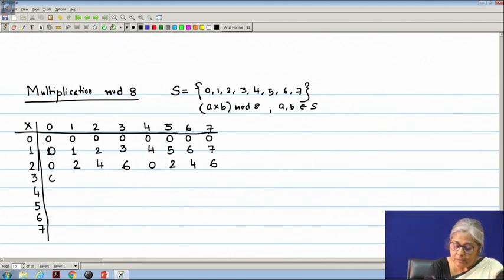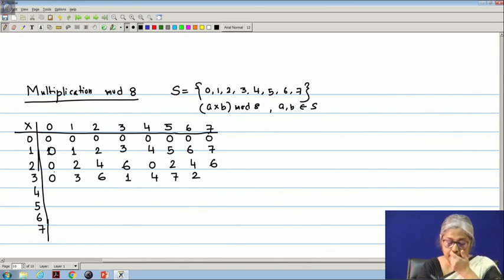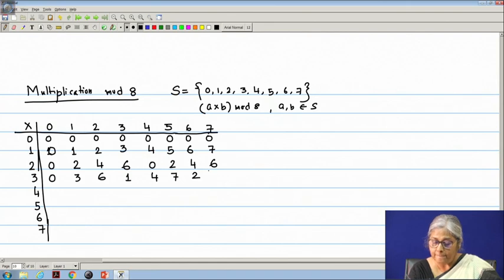Now, similarly 3 into 0 is 0, 3, 6 modulo 8 is 6, 3 into 3 is 9, 9 modulo 8 is 1, 12 modulo 8 is 4, 15 modulo 8 is 7, 18 modulo 8 is 2, then 21 modulo 8 is 5.